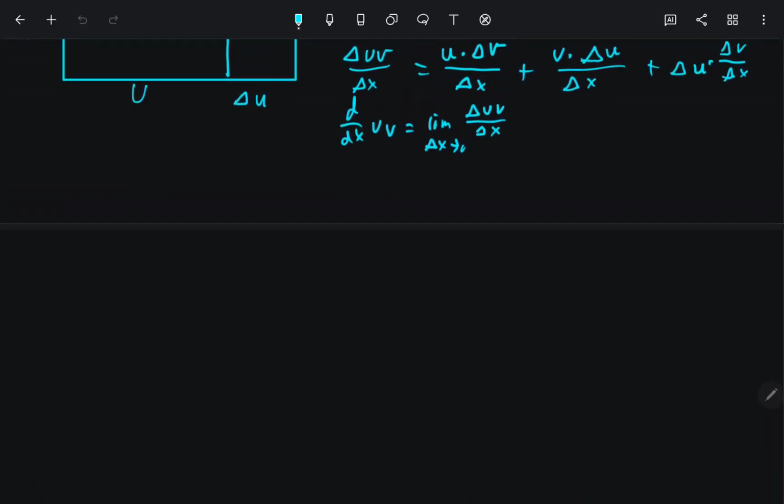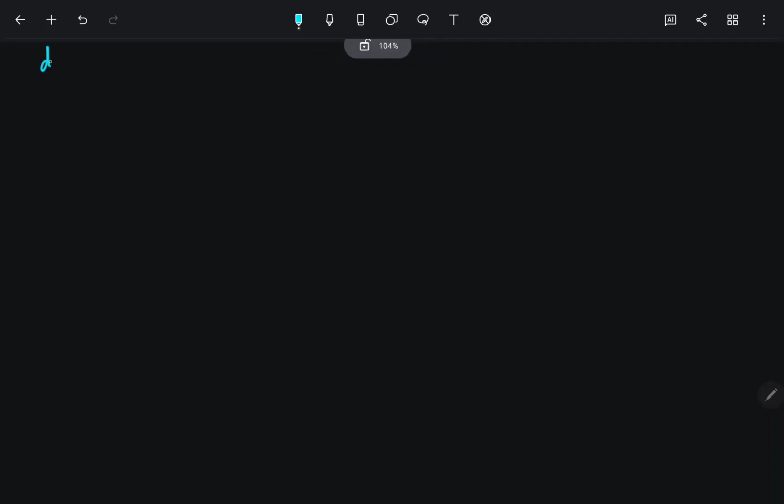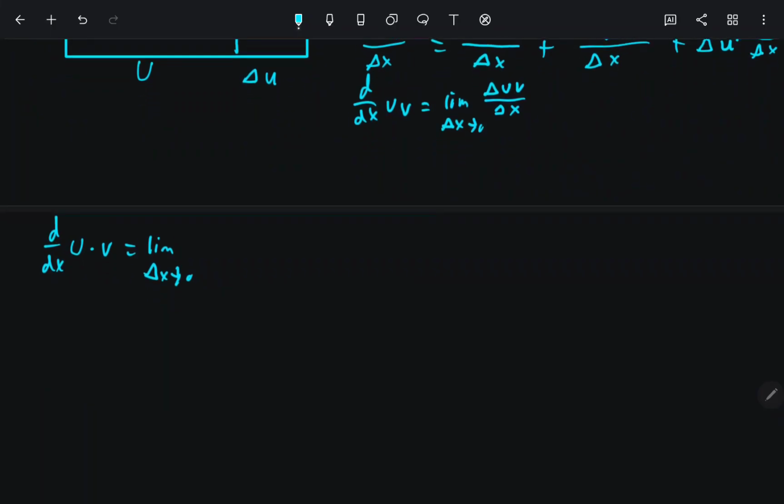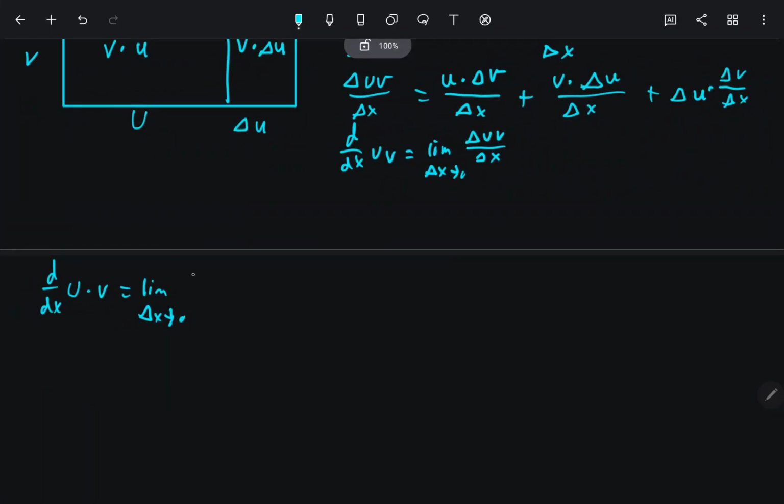So now we have d over dx of u times v is equal to the limit as change of x approaches 0, which is really just our h, of u times the change of v all over change in x, plus v times the change of u all over the change in x, and finally plus the change of u times the change of v all over change in x.